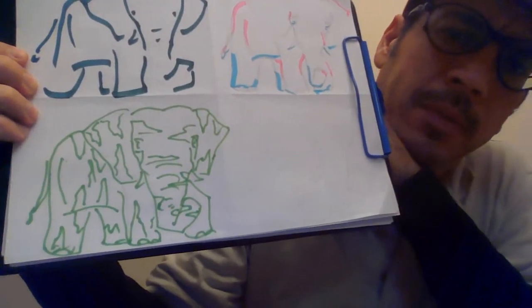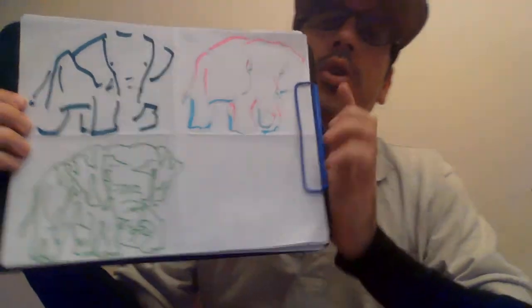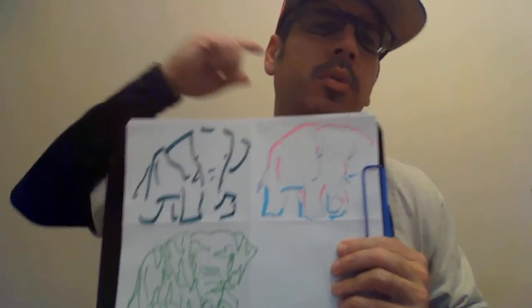And if I would have thought this out, I would have used a different color than I traced it with. But for this one, I just did some tiger stripes on the elephant. Okay. So you can see three completely different ones.